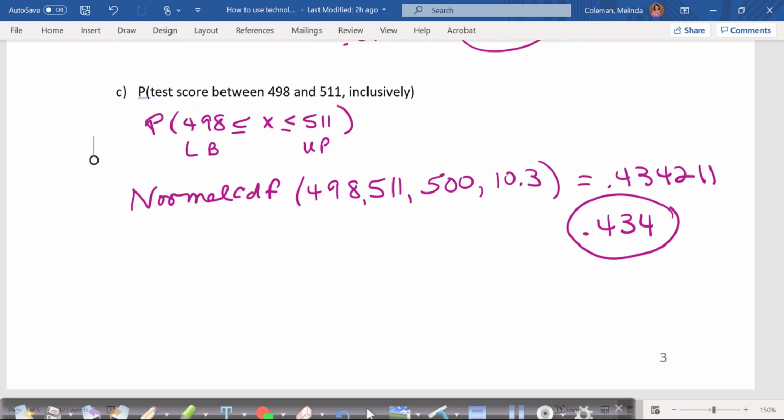And the probability that I'm going to find a person whose test score is between 498 and 511 would be 0.434. So about 43% of the time, I would find a person whose score was between 498 and 511. That's a rough interpretation.